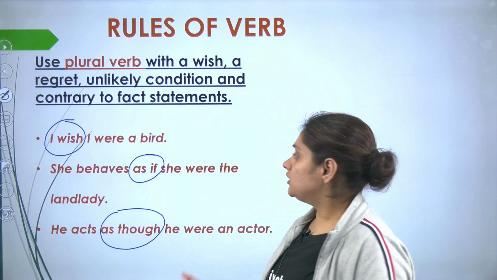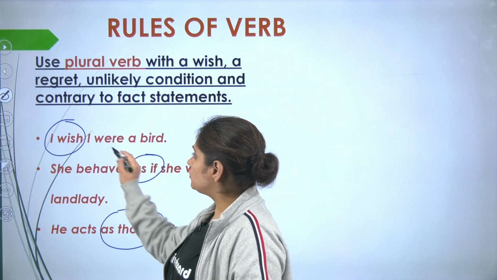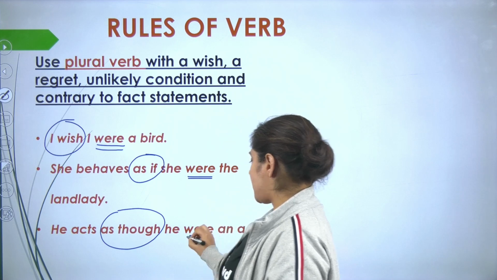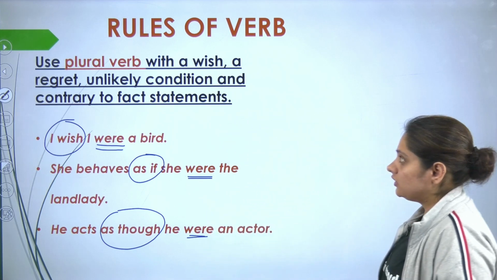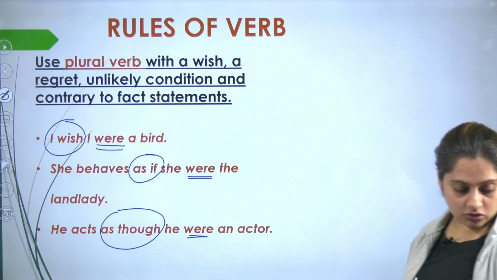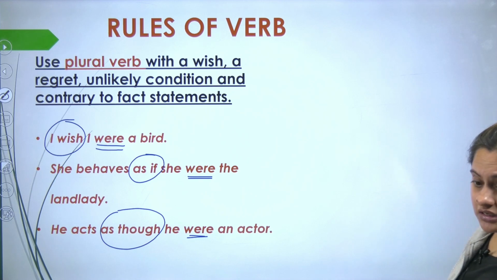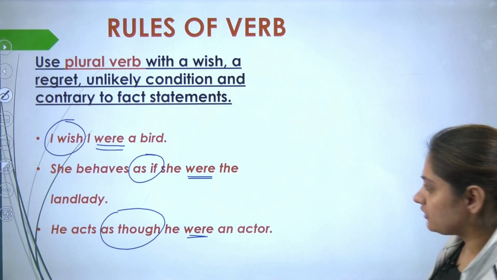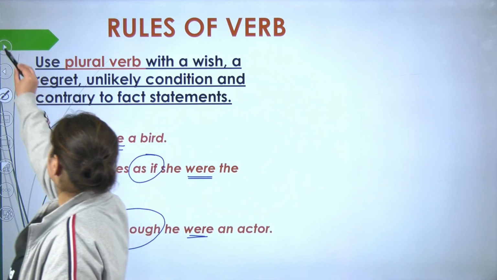Imaginary, which is not real. With these, always the plural verb is used: were, were, past tense plural. Please remember, always the plural verb where you are talking about imaginary situations and something which is not real. You are making a wish or giving an imaginary situation.